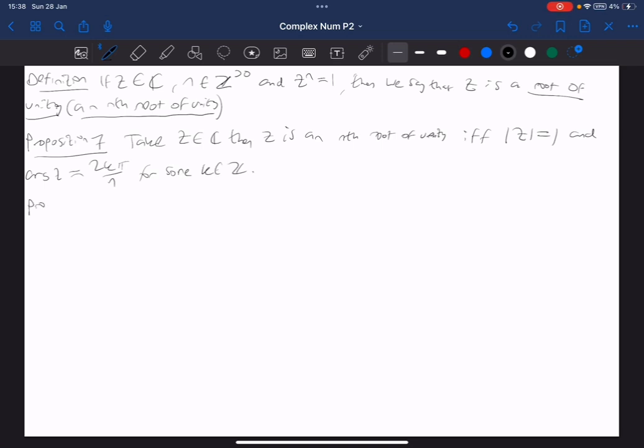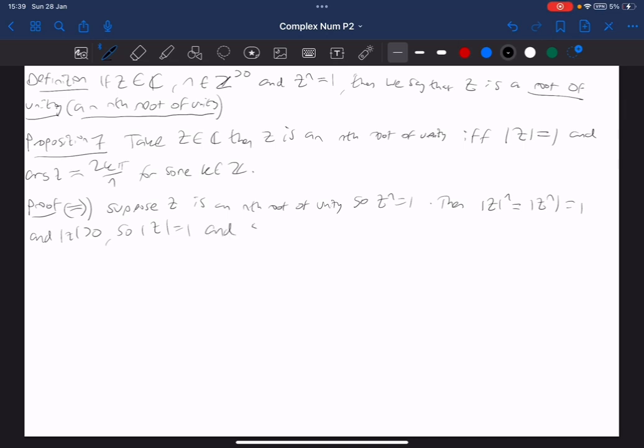Again, I'm going to prove this, and because it's an if and only if, I'm going to work from left to right first of all. So I'm going to suppose z is an nth root of unity. Then from the definition, z to the power of n is equal to 1, and then the modulus of z to the power of n is mod z to the power of n, which is equal to 1. And of course, the modulus of z is greater than 0, so the modulus of z is equal to 1.